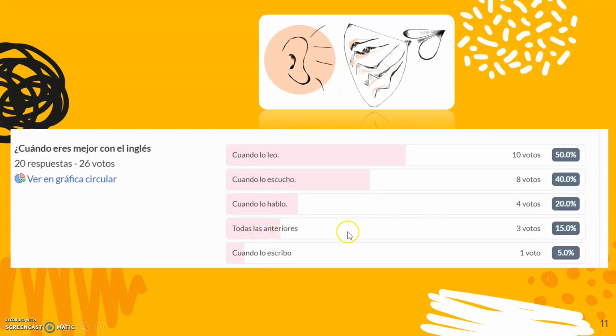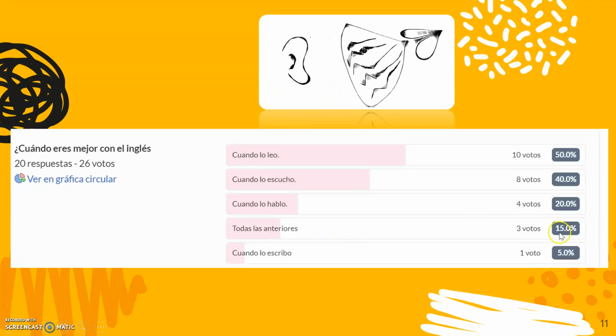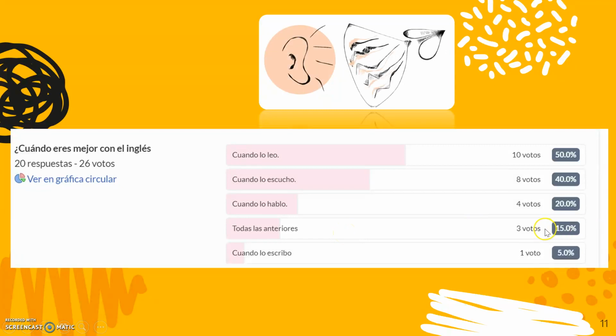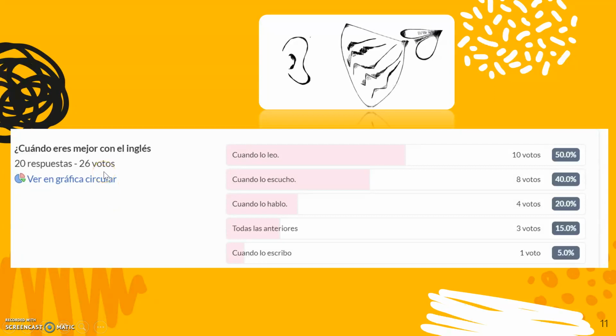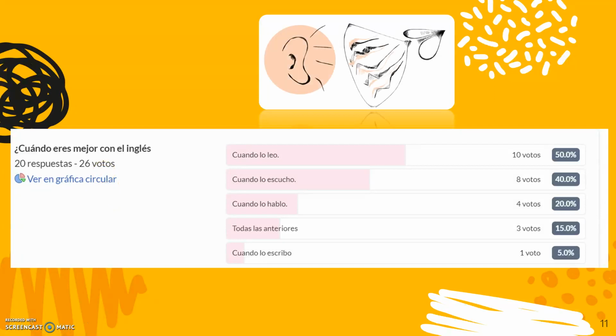And todas las anteriores was the most surprising thing, because I had 3 votes, 3 persons who know how to speak, they know everything, they have all the skills developed. So this helped me a lot to have an idea of how to translate this information, to create this fantasy that these were my students and not my friends on Facebook.